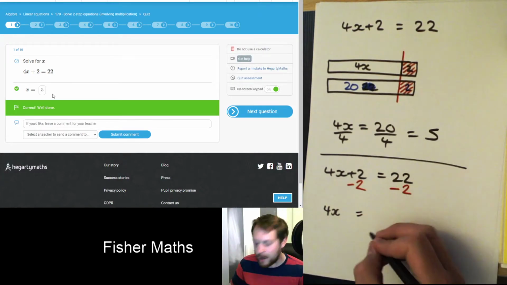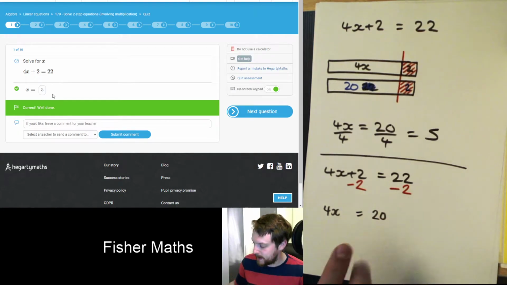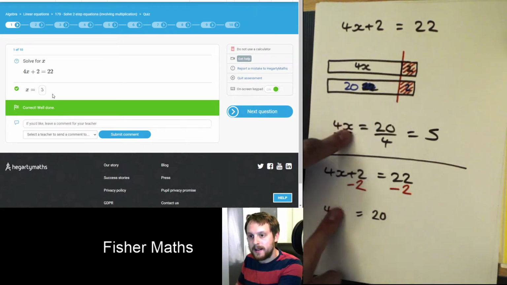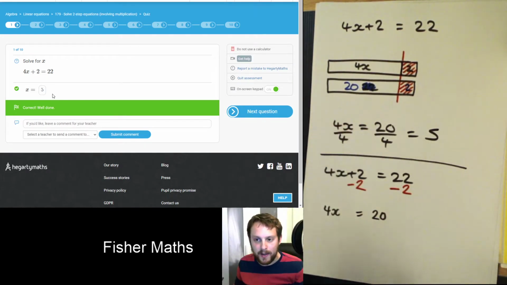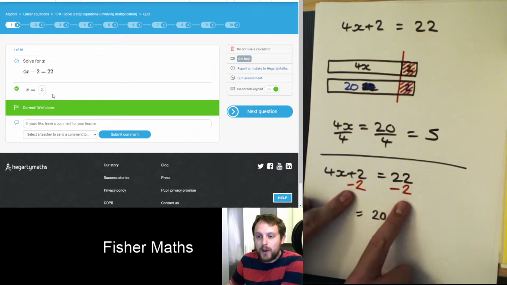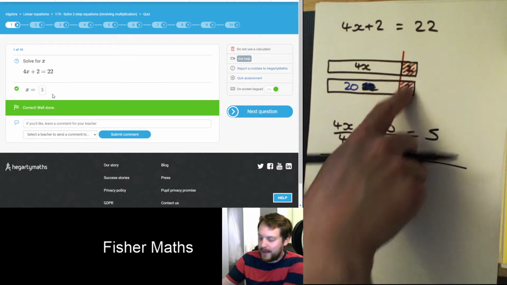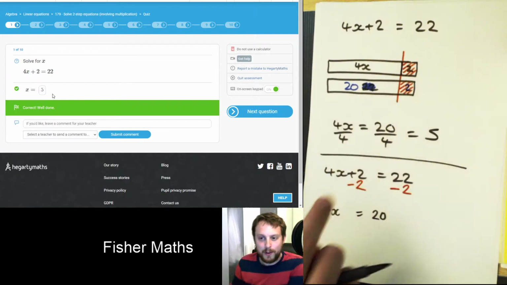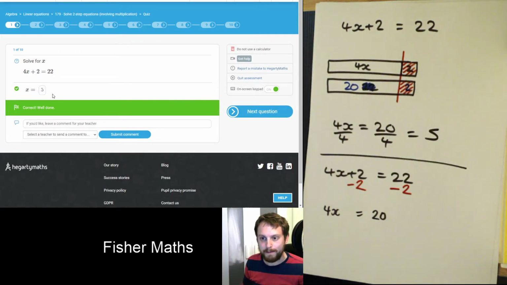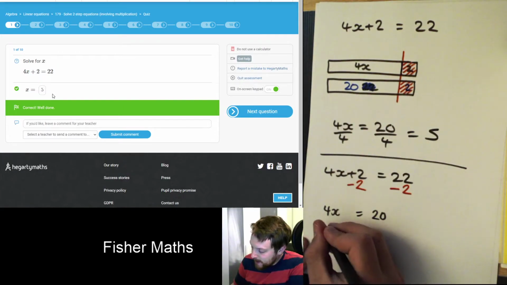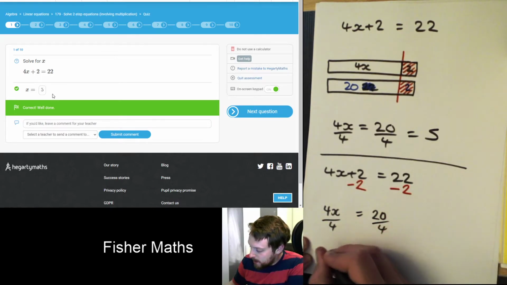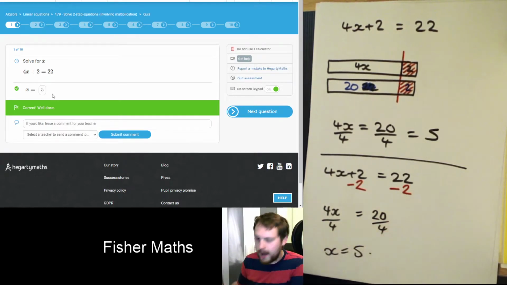And 22 take away 2 is 20. And of course, I'm actually literally at the same position that I got to. Doing this is like chopping off the 2 bit of the bar drawing. So now I divide by 4 just like I did before, so x is 5, just like it was back then.